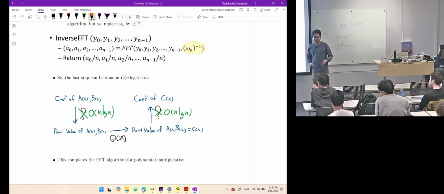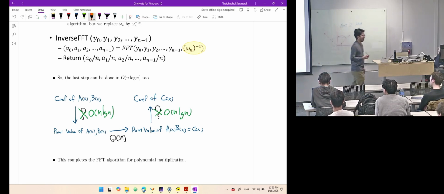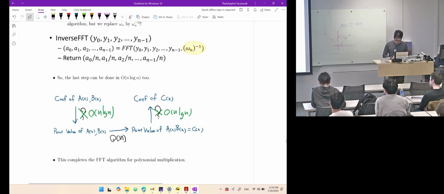In the homework, suppose that you can do the fast Fourier transform fast, so you can multiply polynomials fast. What else can you do with it? There's going to be a challenging homework question, and you can look it up. Okay. So now I'm going to continue to the next topic.